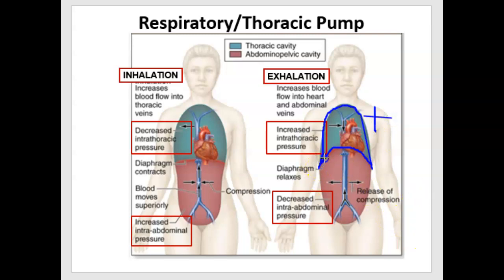But when the diaphragm relaxes, that eases up on the abdominal pressure, so pressure's low in the abdomen. This is going to facilitate blood moving in the arterial system away from the heart. So when we exhale, that helps blood move away from the heart. When we inhale, that helps blood move back to the heart. This is called the respiratory or thoracic pump.